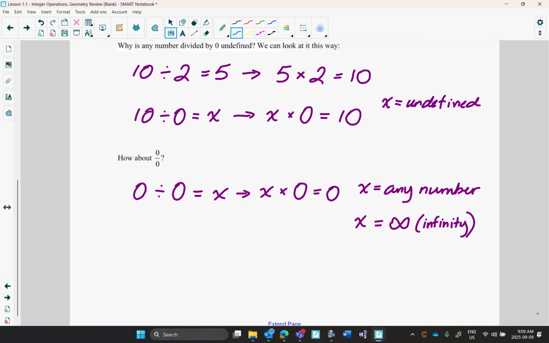It means every single number: positive, negative, even fractions, even decimals, even numbers that don't repeat or don't end, anything. So keep that in mind when you're dividing with zeros. 0 divided by a number is 0, but you can't divide by 0. You can divide 0 by a number, but you can't divide by 0.